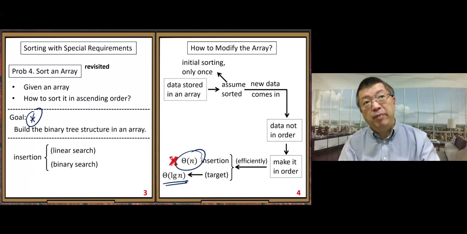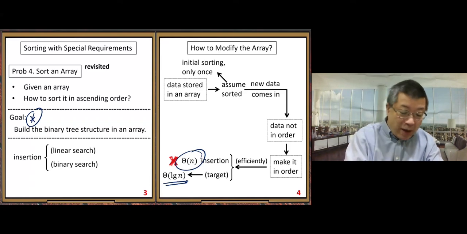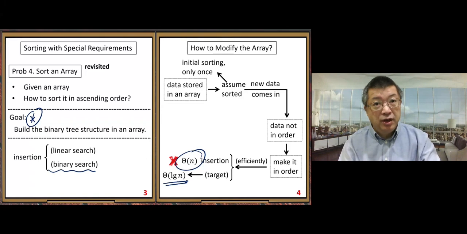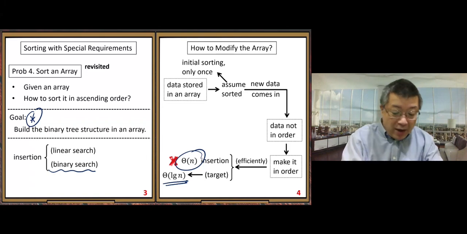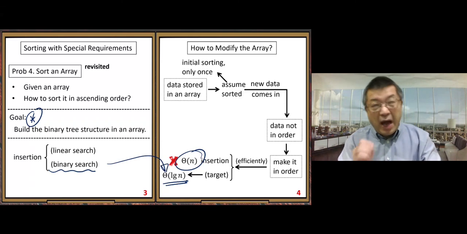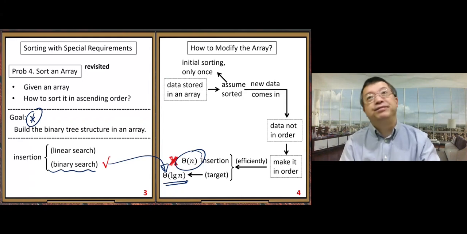If you want to refresh your memory, there we use the binary search based insertion. Much better, much faster. And we know the binary search corresponds to the binary tree, which will give us big theta of log n efficiency. So we like that idea.